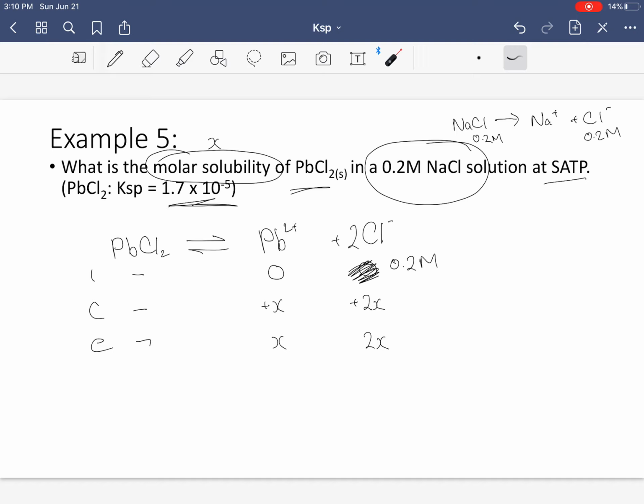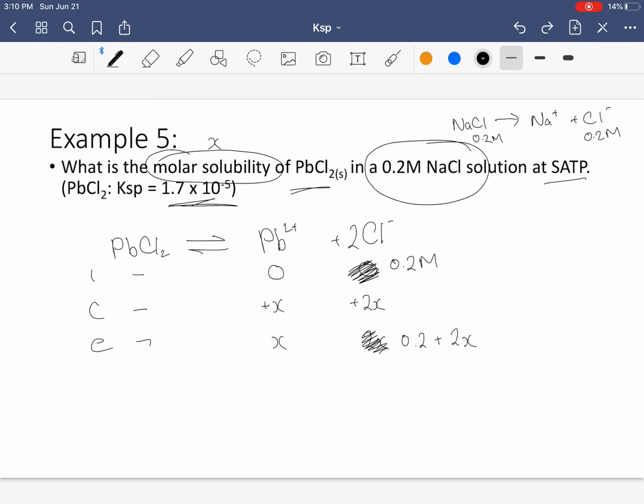Now, that means this is going to be more than 2x. This is going to be 0.2 plus 2x, the initial plus the change. All right. Now you can find x, because my whole idea here is to really find out what this is.